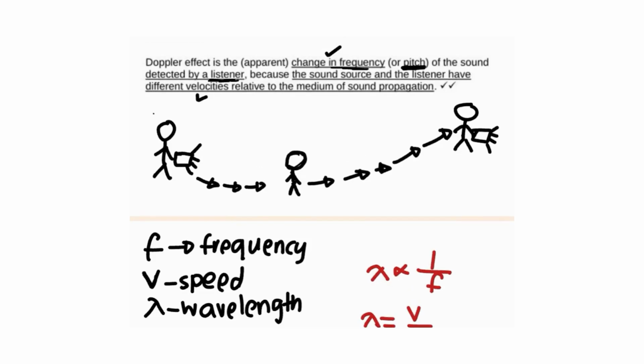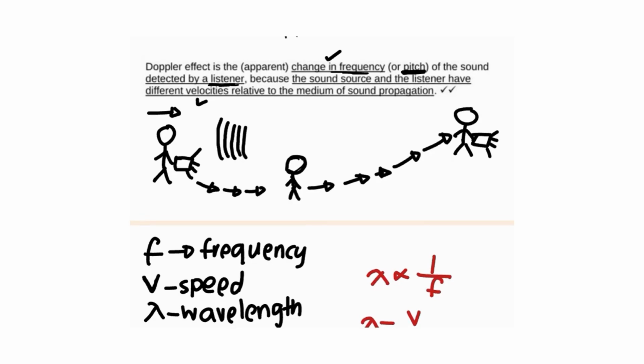So let us look at the point where the friend is moving towards you. Because they're getting closer and closer to you, it means the wavelength is shorter. So I'm just going to use lines that are closely packed together to represent wavelength. In this case, the wavelength is shorter, meaning the frequency has to be higher.